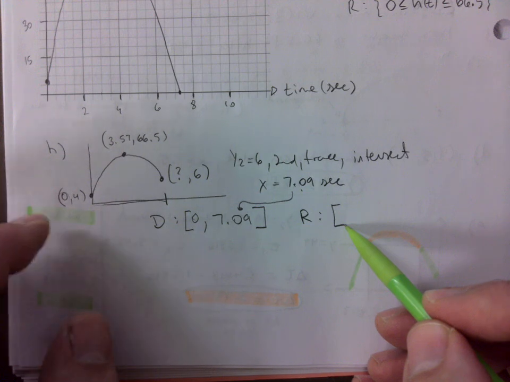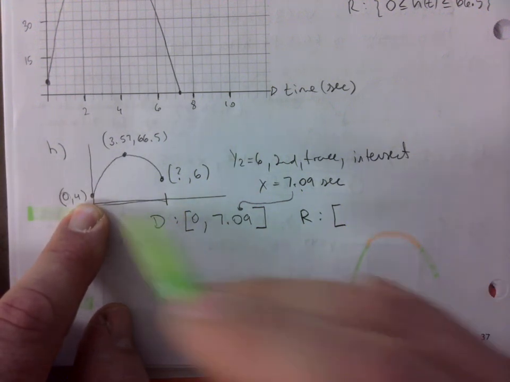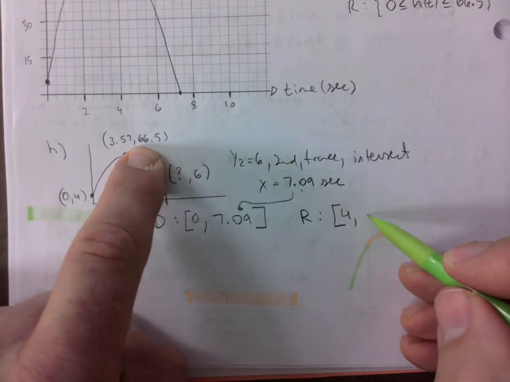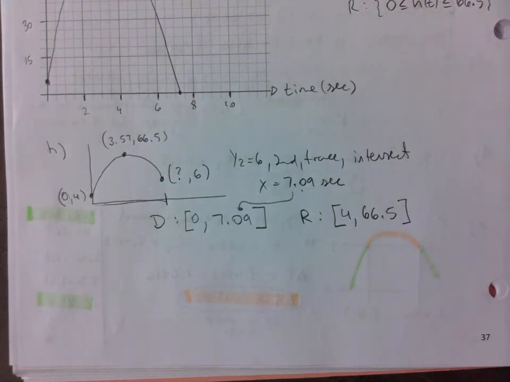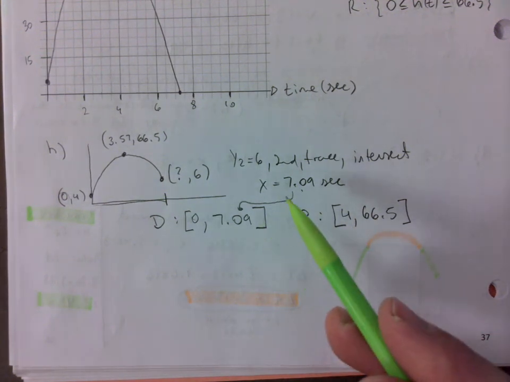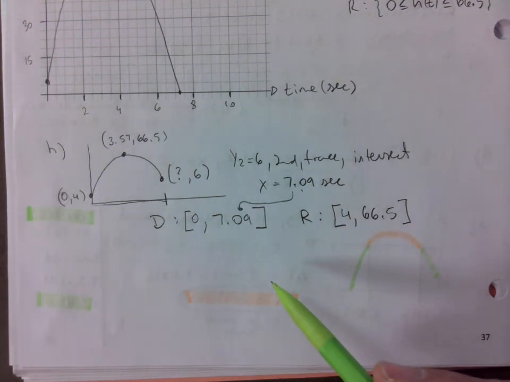What's the lowest height I ever achieve? 4, right? It never hits the ground. And the highest is 66.5. So that's how domain and range could be different if I had given you a different scenario where it gets caught at 6, right?